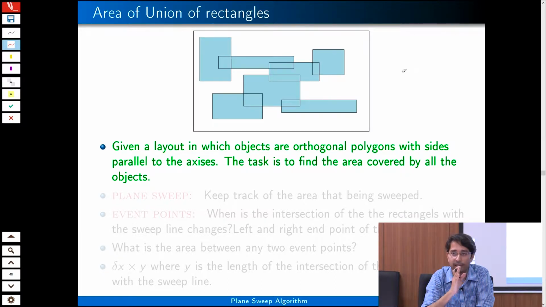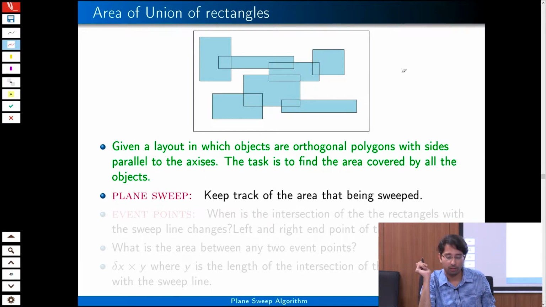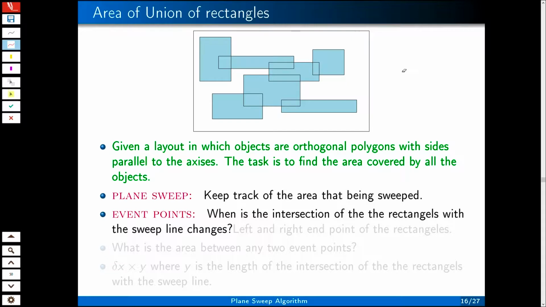He says sweep a line from left to right. What are the points where we need to stop? It is obvious: the left endpoint and the right endpoint of each rectangle.